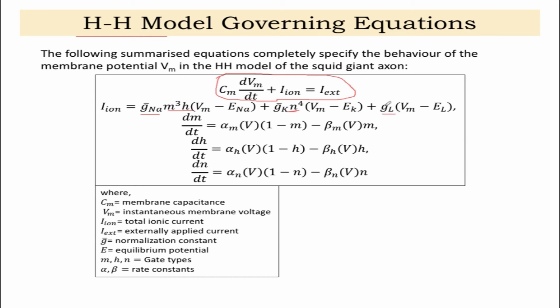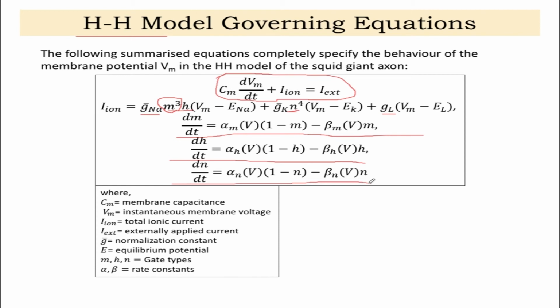And for each of these, what fraction of the gates will actually be participating is governed by this simple first order relationship, that dm/dt is alpha times 1 minus m minus beta times m. Similarly, dh/dt is alpha times 1 minus h minus beta times h, and dn/dt is alpha times 1 minus n minus beta times n.